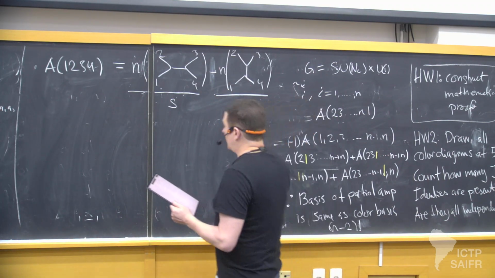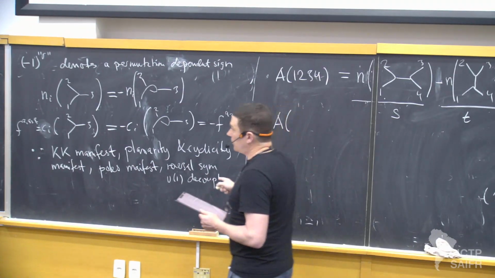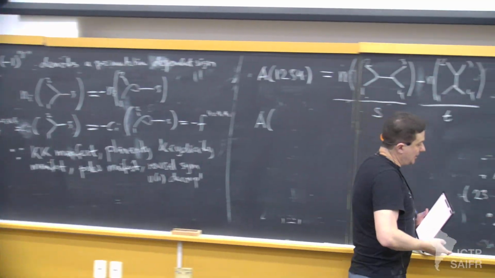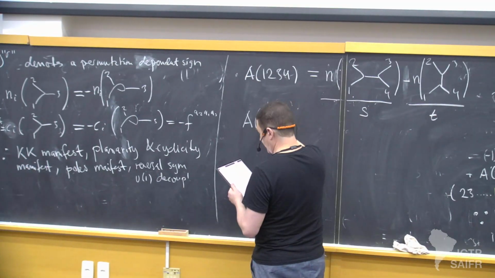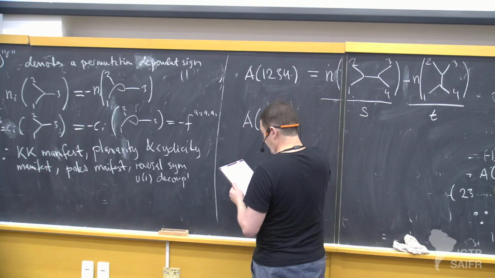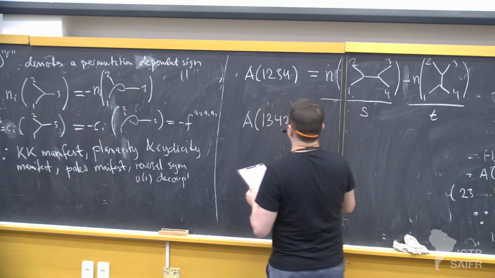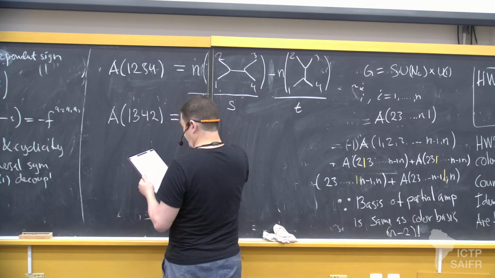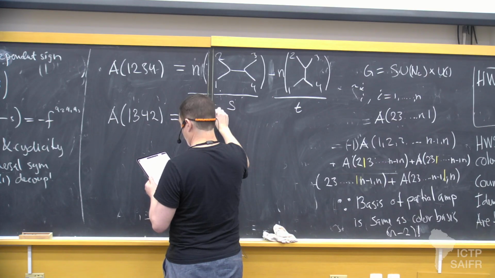Okay. And then you can write down another ordering. So as I said, well, I don't know if I said it, but I think I didn't. There are basically three different orderings that you can consider. So here's one ordering. Minus n.